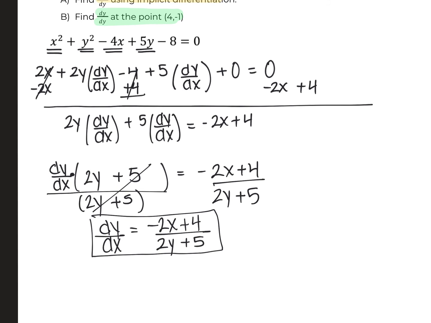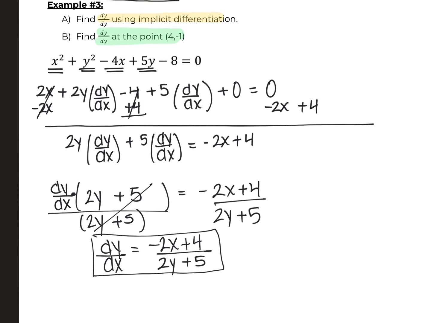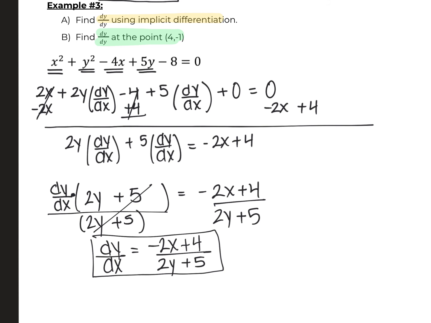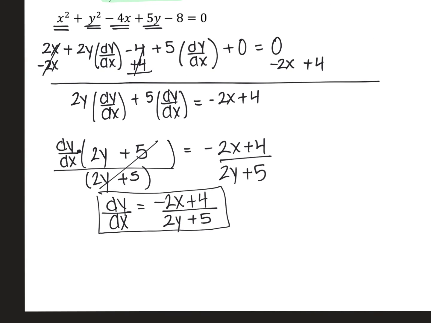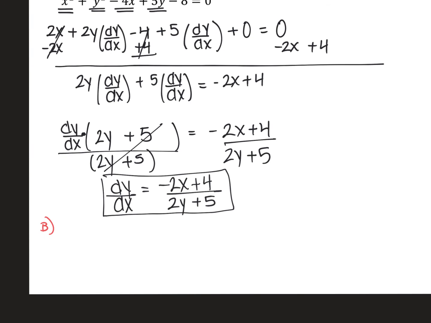Now, part B is asking us to find the derivative at this point, 4, negative 1. So part B is the same as we did in part A in question number 1. So to find dy over dx at 4, negative 1, you're going to plug x to be 4, y to be negative 1 into my derivative function.